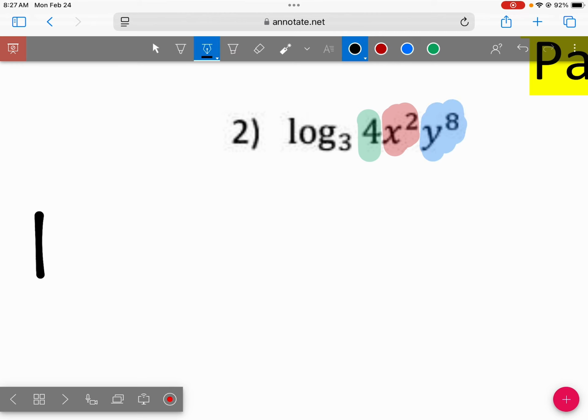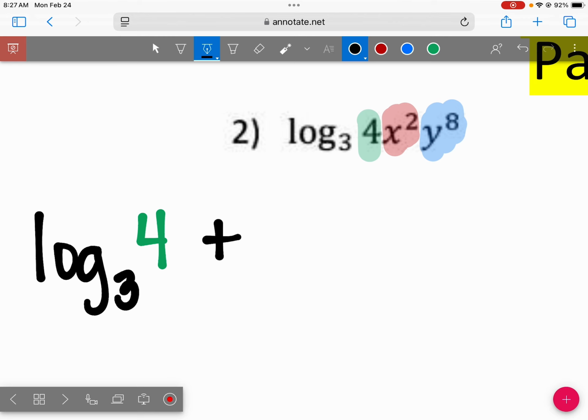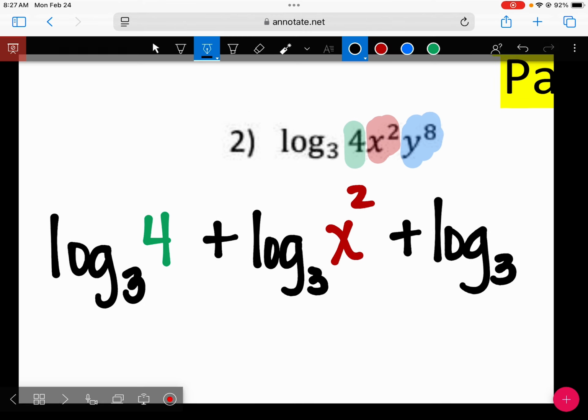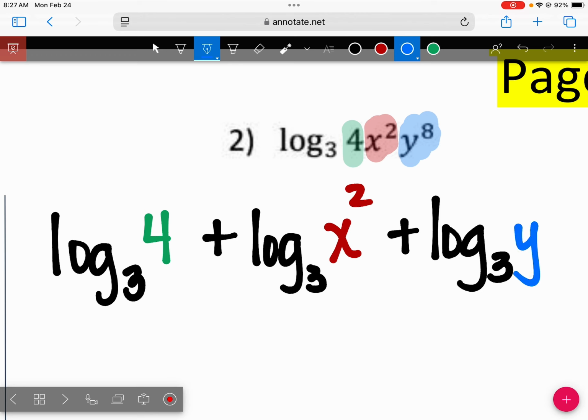So that would be log little bitty 3 of 4 plus log little bitty 3 x squared plus log little bitty 3 y to the 8. See how I ended up with 3 logs with an addition sign in between them.